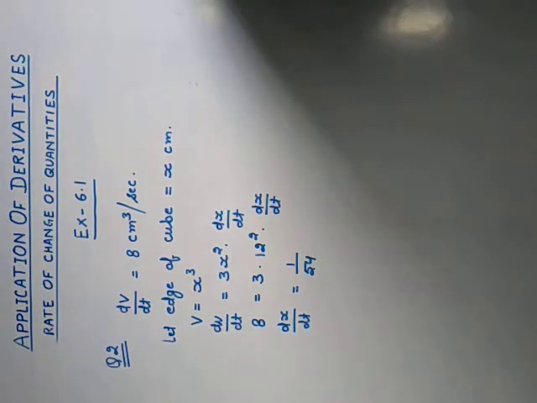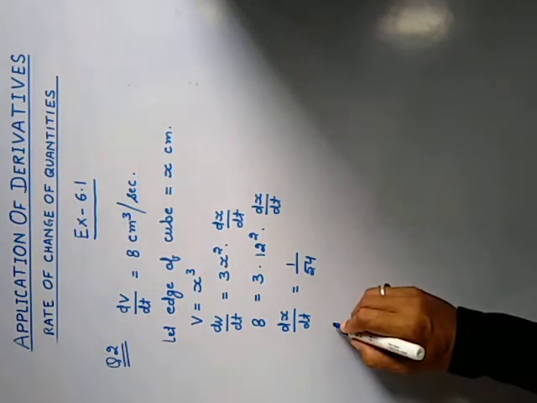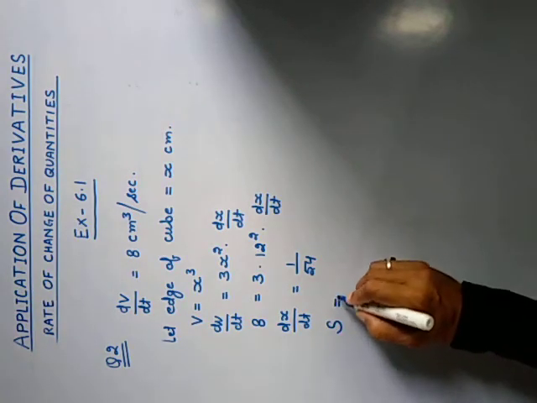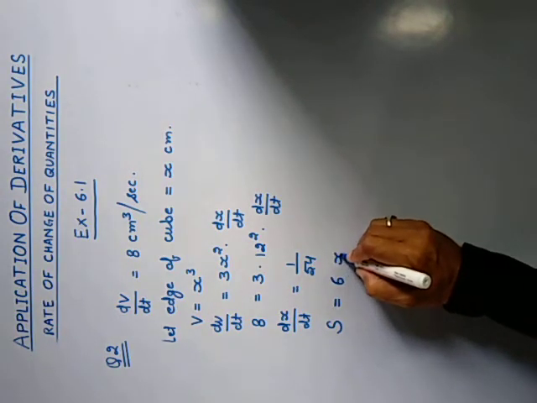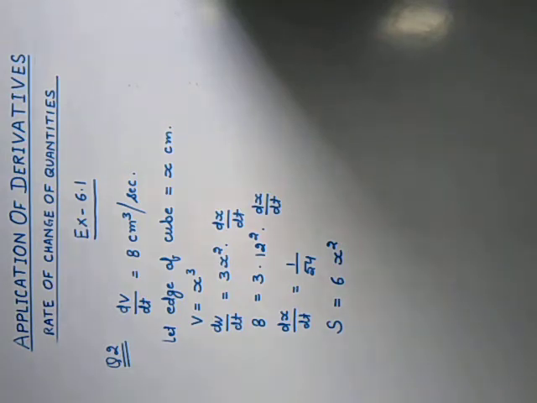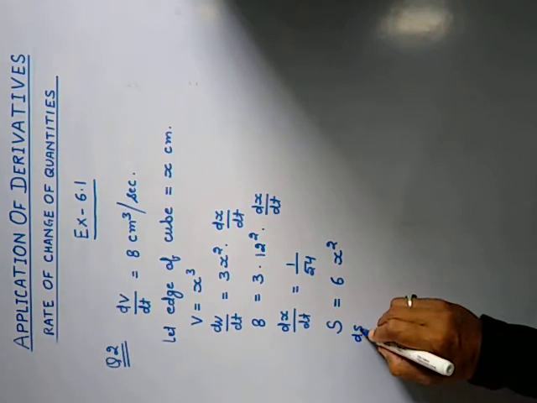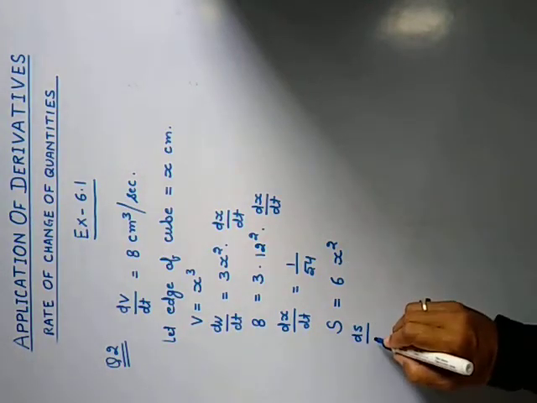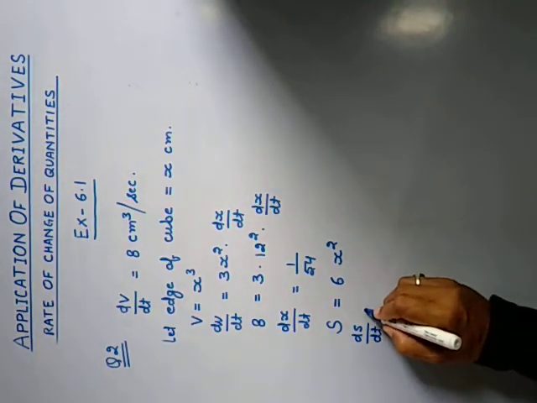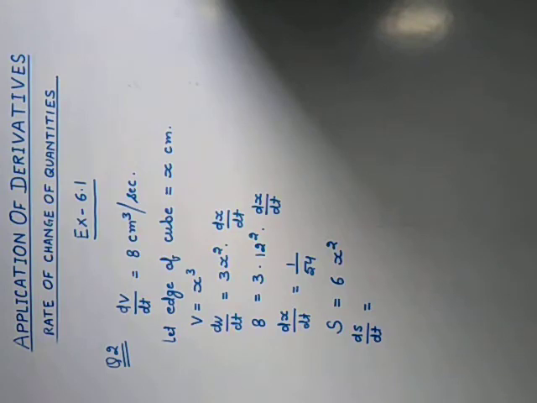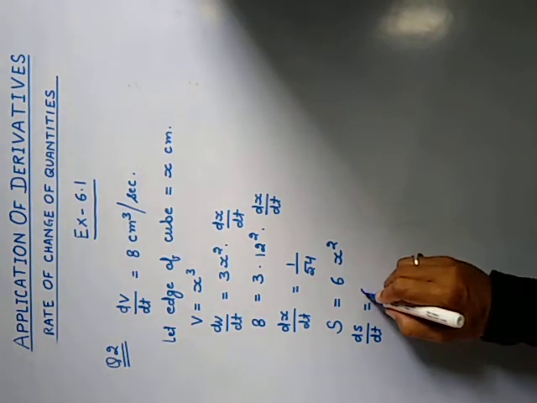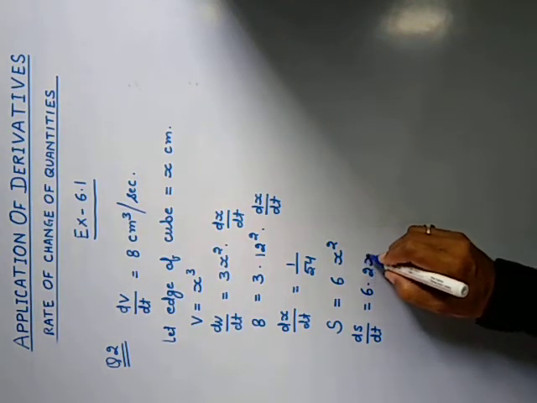Now we have to calculate how fast is the surface area increasing. So surface area of cube is 6 into side square, so S equals 6x square. Again, if we differentiate this equation with respect to t, it will be dS over dt equals 6 into x square.